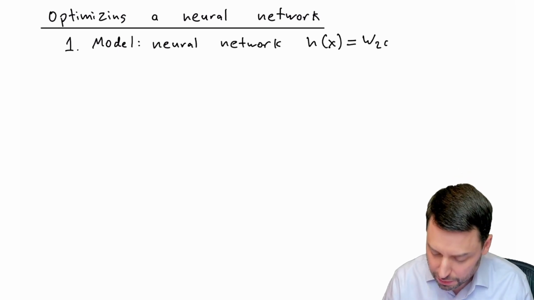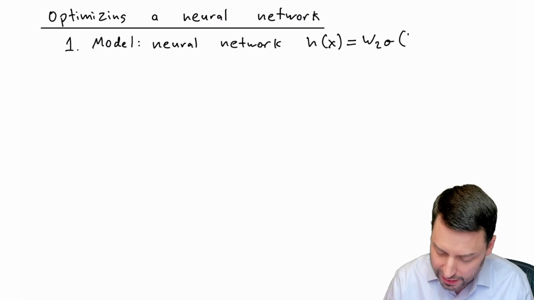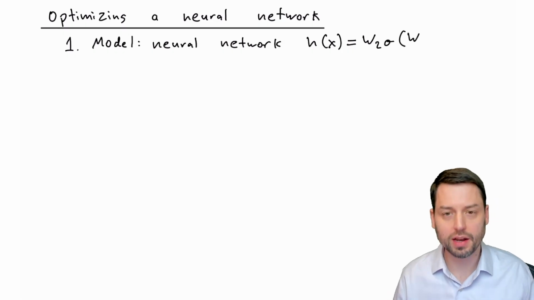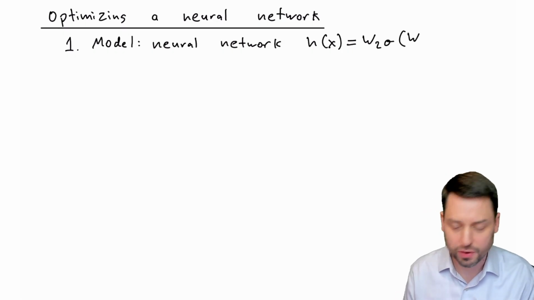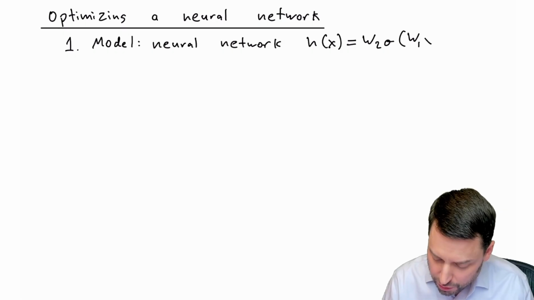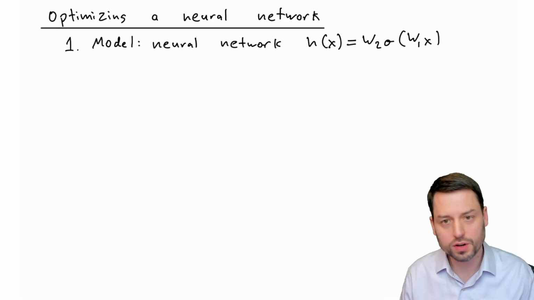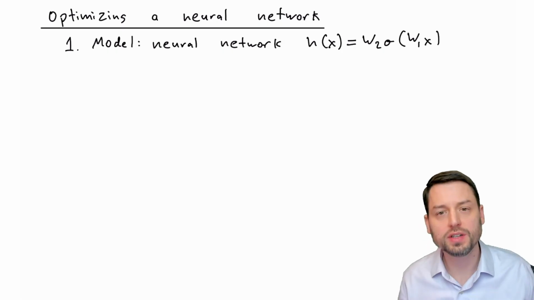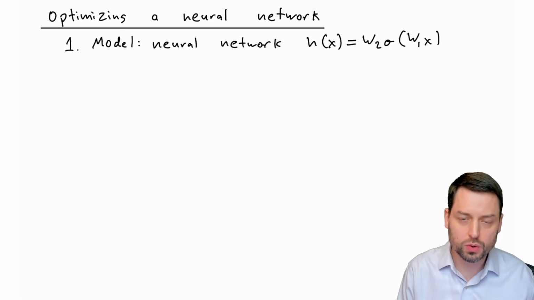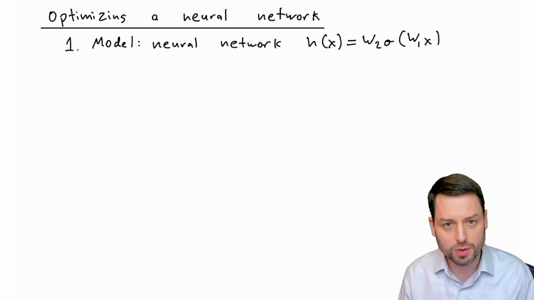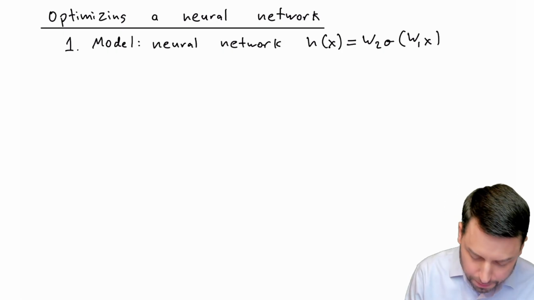So it's going to be equal to W2 times some nonlinearity, say the ReLU nonlinearity, you just take the max of the number and 0, of W1 times x. Right? So that's going to be our function here, where, of course, x is a vector input, and W1 and W2 are properly sized such that these multiplications all make sense.